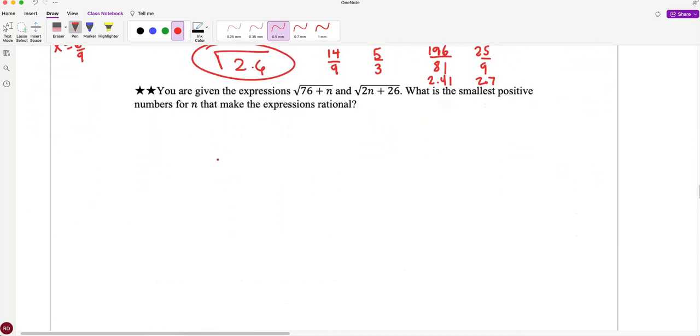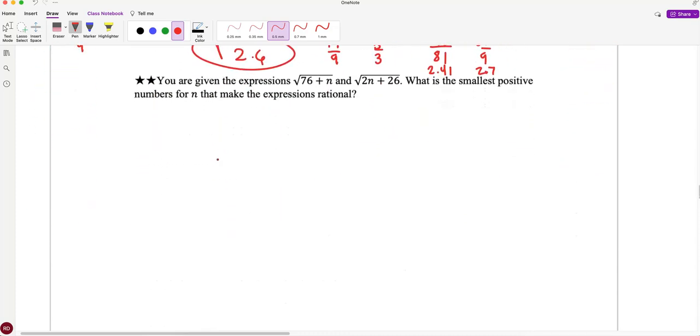You are given the expressions the square root of 76 plus n and the square root of 2n plus 26. What is the smallest positive number for n that makes the expressions rational? Okay, so the square root of 76 plus n.